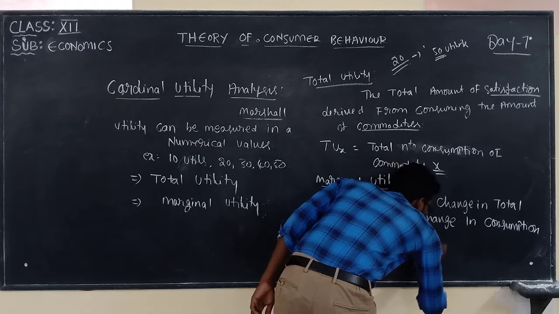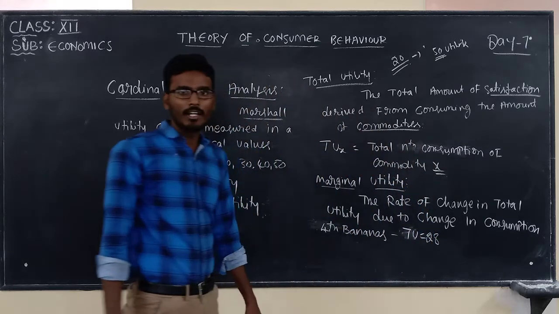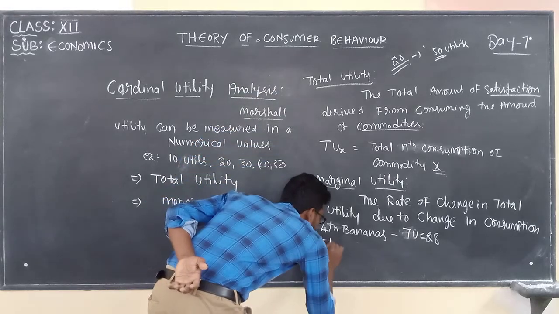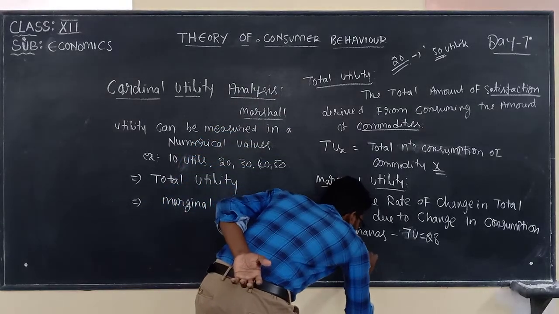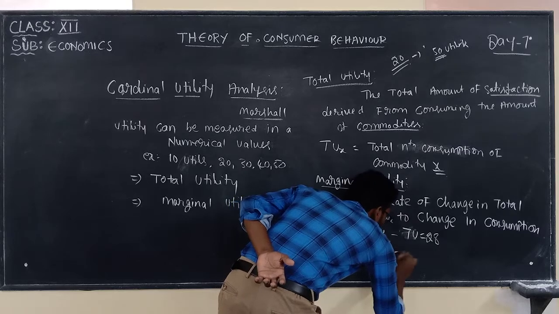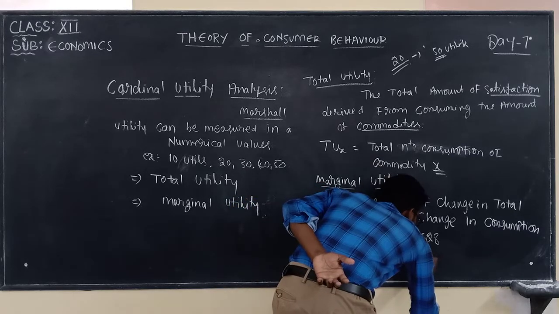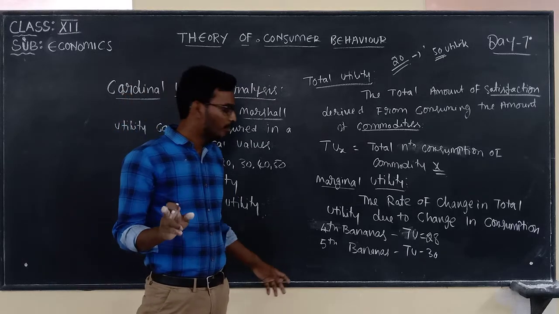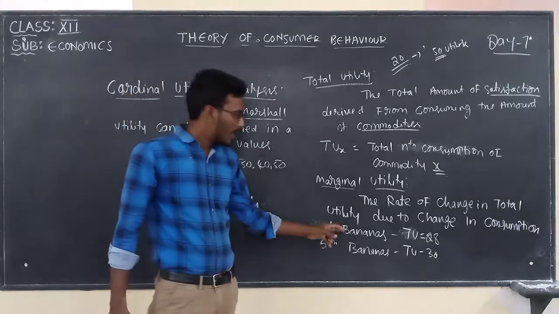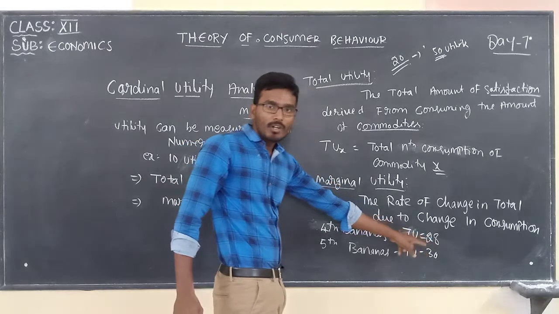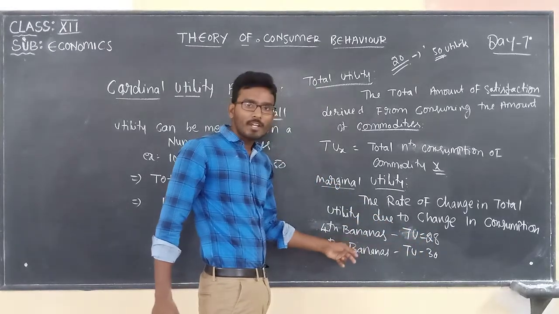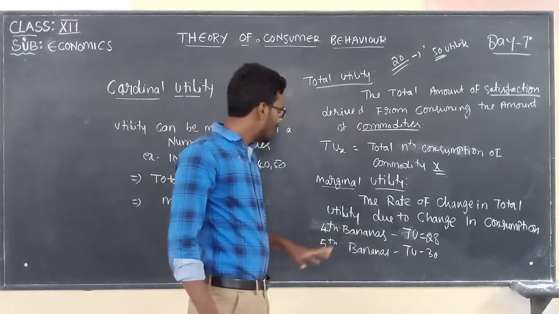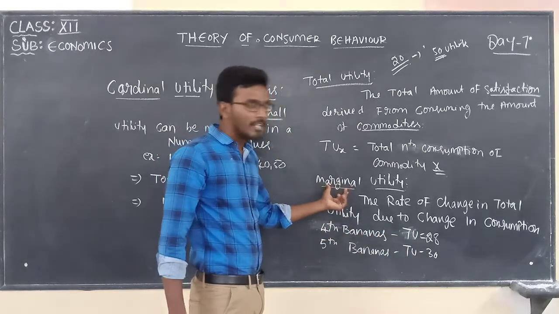Now, if you consume one more banana, the 5th banana, total utility is 30. You are clear with this example? From 4 bananas, you got 28 utilities of total utility, and after consuming the 5th banana, you got a total utility of 30. So now, how can we measure marginal utility?